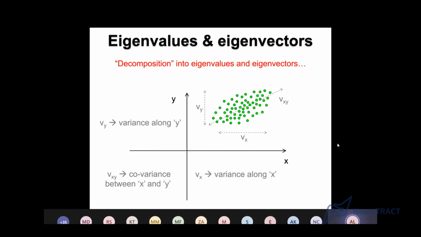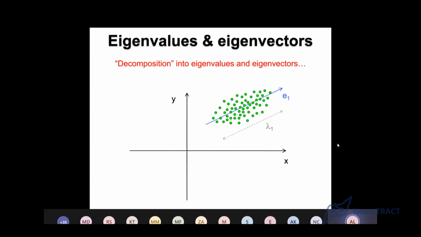Okay, what an eigenvalue decomposition does is it basically tries to transform your data into a new coordinate system. This new coordinate system is defined not with the x and the y coordinates as shown here, but with E1 and E2 in this case, a new coordinate system in which the covariance is 0, in which there's no correlation.